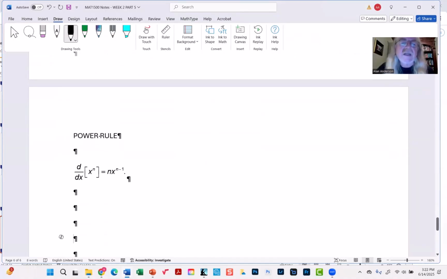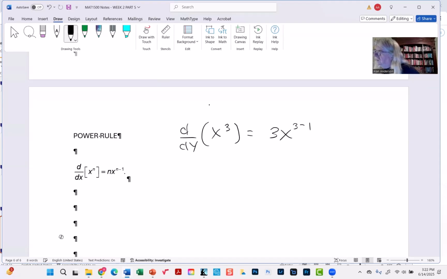So let me just throw a quick example up here for you. In other words, the new coefficient is the previous exponent, and then the exponent is reduced by 1.